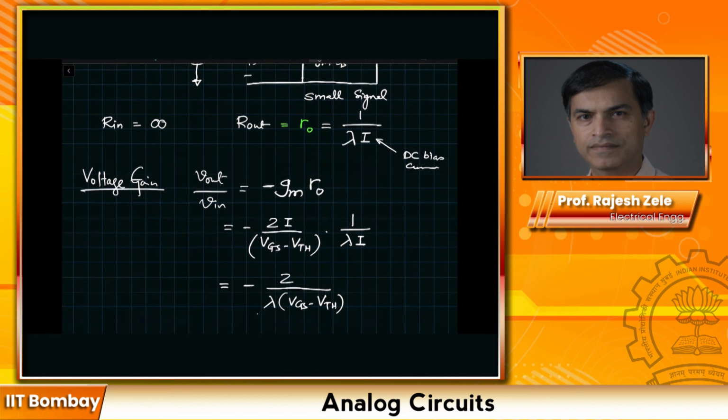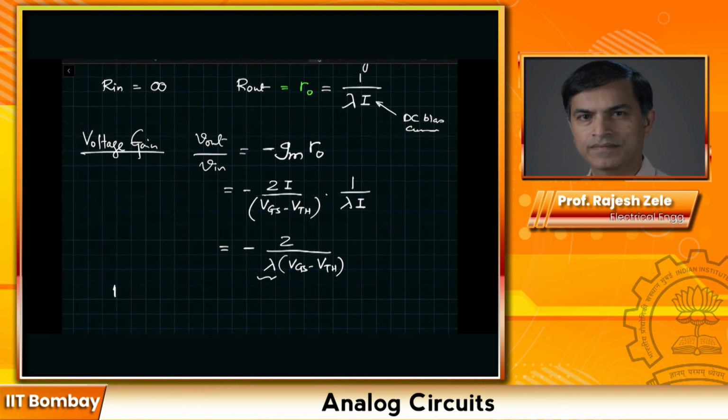First of all, there is a lambda part, so we can increase the length. If you increase the channel length, then the gain will go up. Also, if you decrease VDSAT or VGS minus VTH, then gain will go up. In the case of bipolar, we don't have any control over the gain.